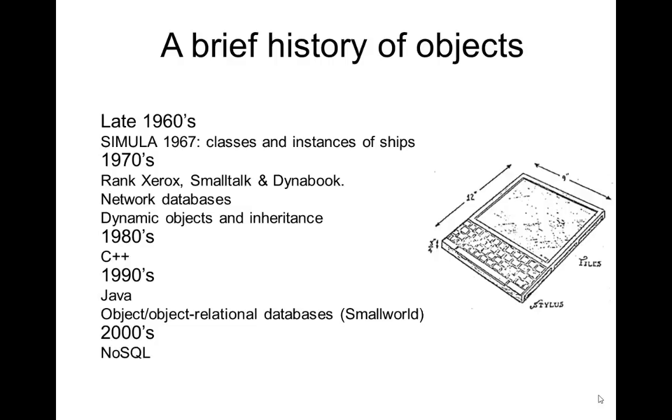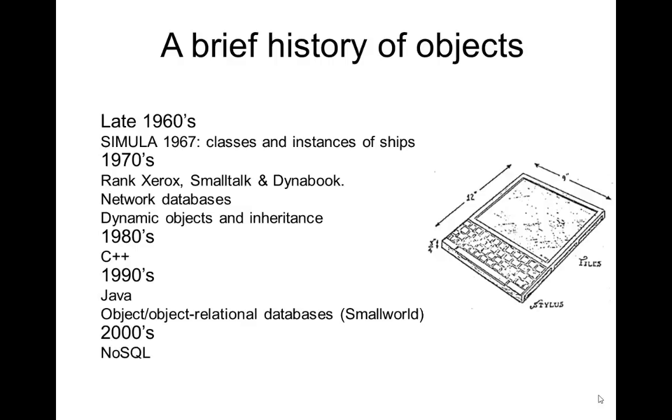We also got the introduction in the late 1980s of more advanced object or object relational databases. Things like, I don't know if any of you have come across Small World. It's a GIS that certainly used to be an important player in the utilities market, water mains.